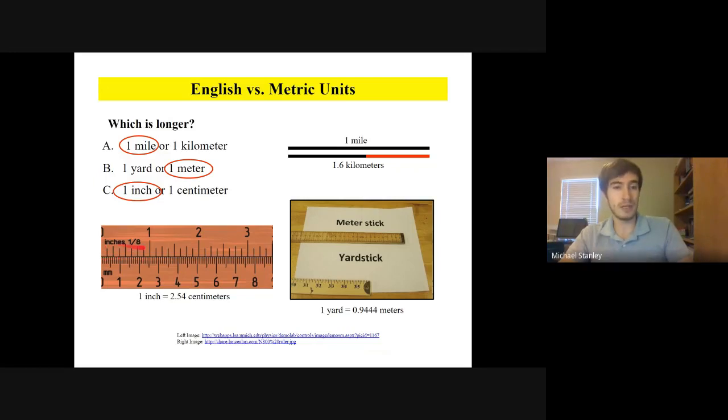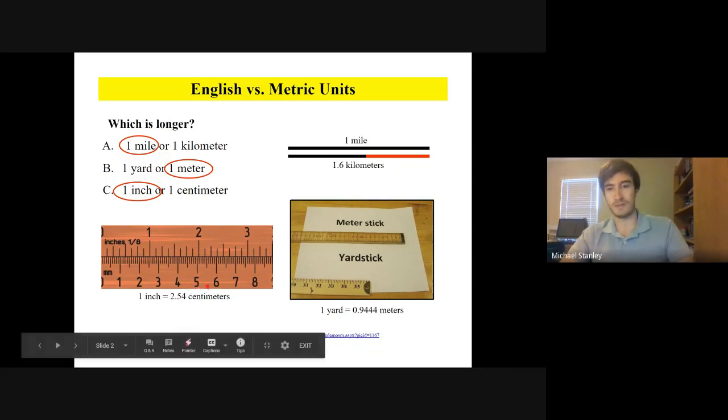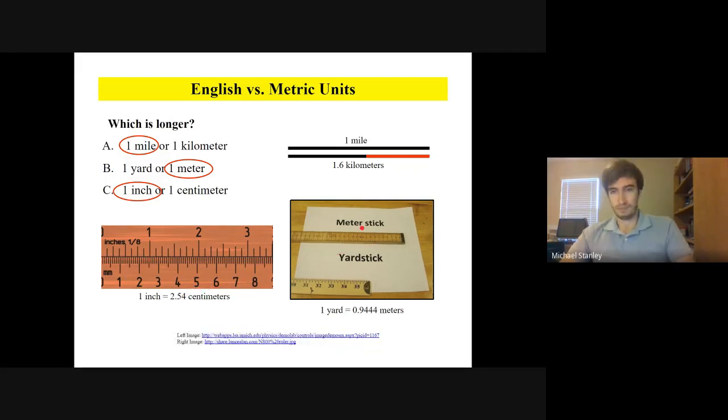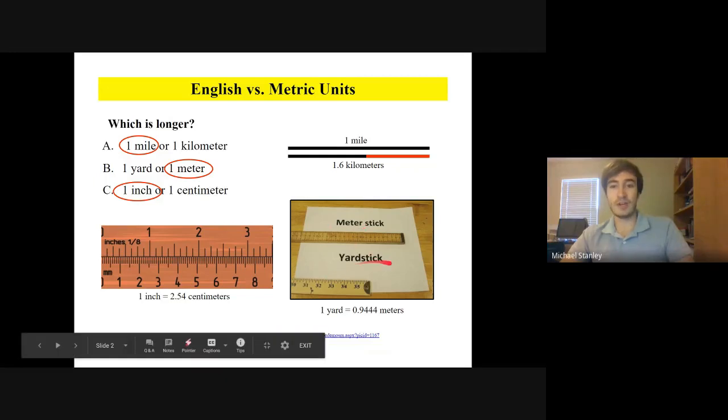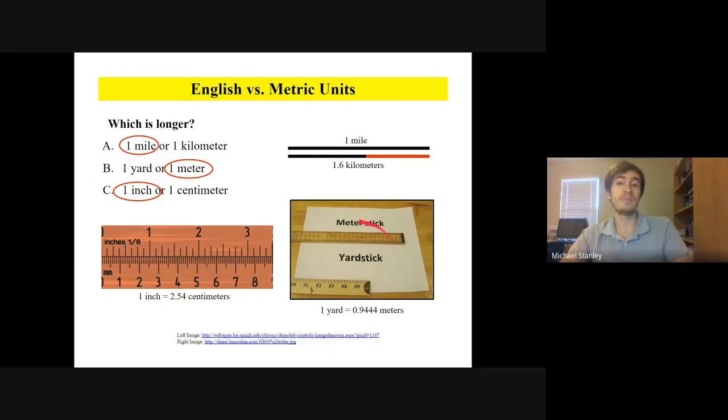So 1 inch is approximately 2.5 centimeters, a little bit over 2.5 centimeters. A meter and a yard are pretty close together. They're almost the same. If you've ever seen a yardstick in a classroom, a meter stick is pretty close to that same length.